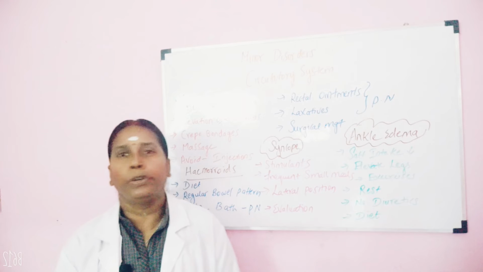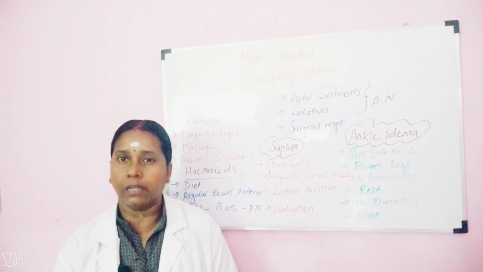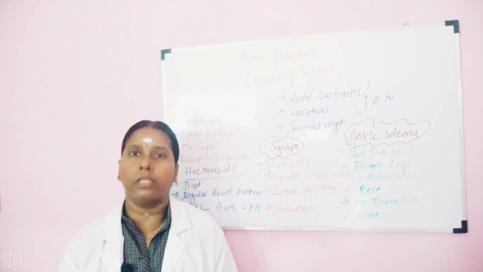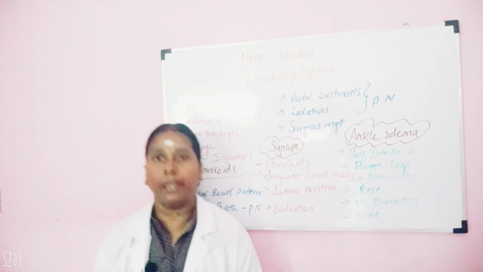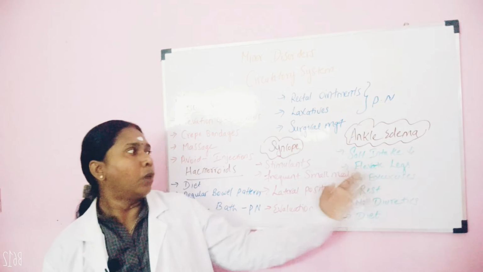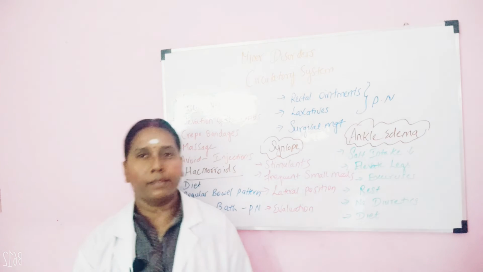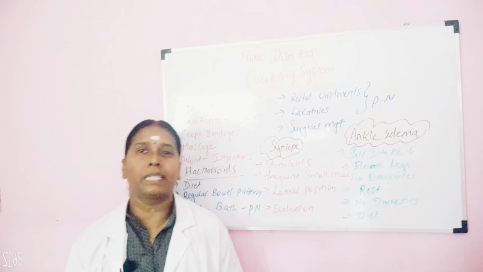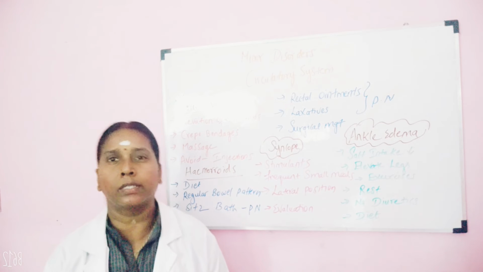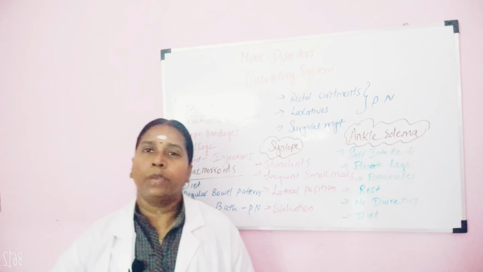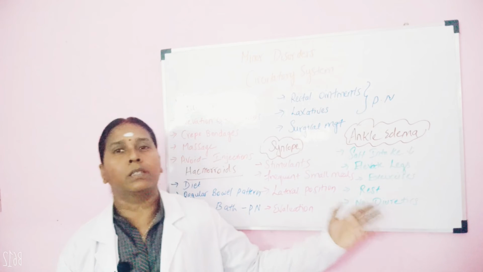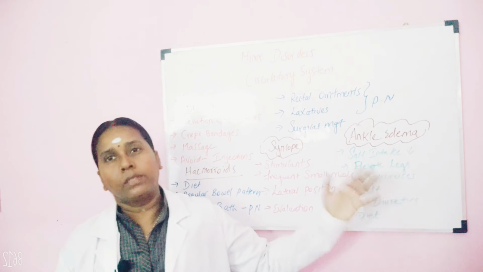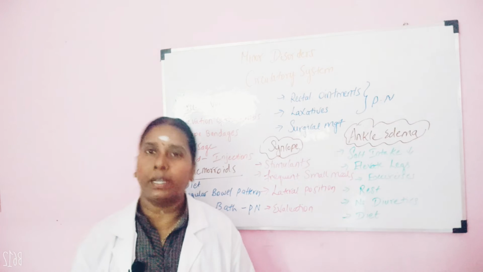Similarly, there is a fluid collection in the lower extremities, and because of that ankle edema is felt. So what you have to do first is restrict the salt, because salt worsens the condition of the mother. So always go for a restricted salt diet, and then elevate the leg of the mother.